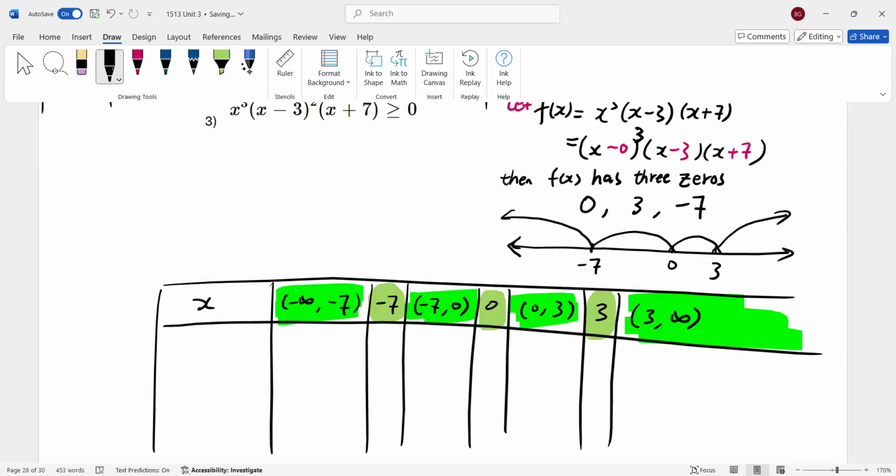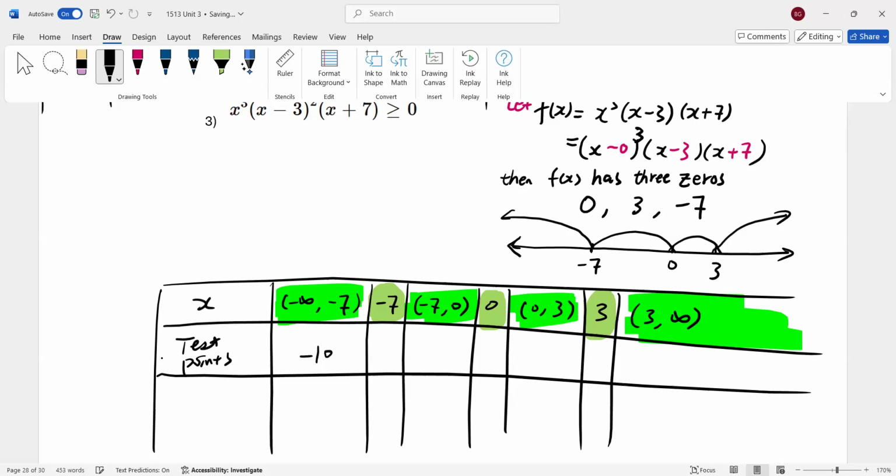Okay, second row, testing points. In the interval from -infinity to -7, -10 would be a good representative testing point. From -7 to 0, maybe I would do -1 or -5.